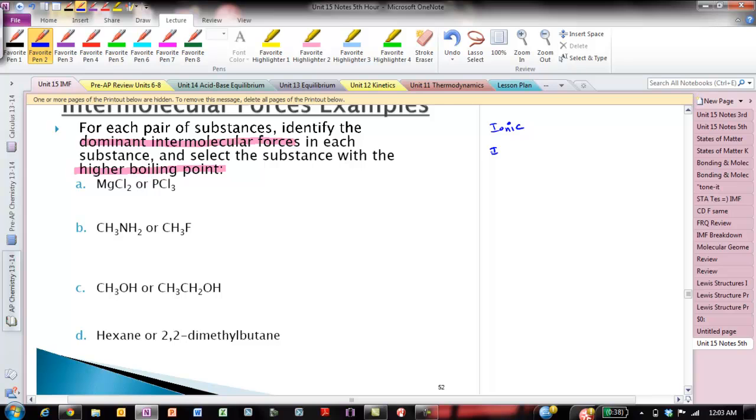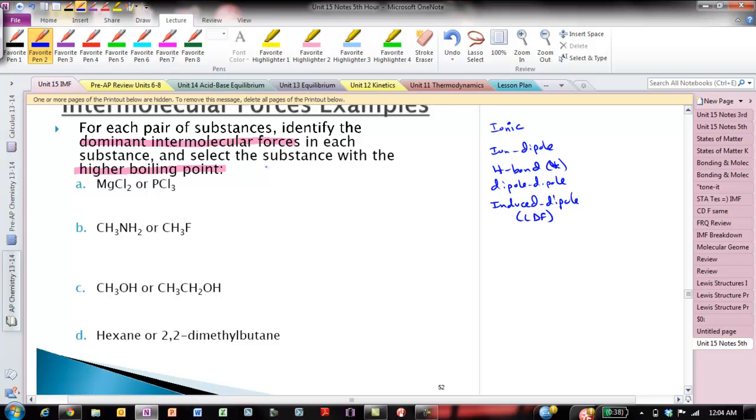And then we have ion dipole. Then we have hydrogen bonding, which is just special dipole-dipole. And then we have all of the induced dipoles. Okay, so I'm just going to use just plain induced dipole, which is London dispersion forces.